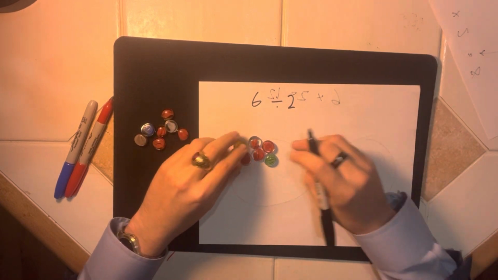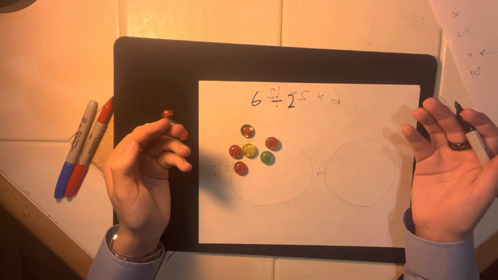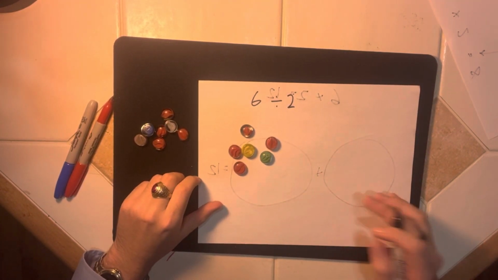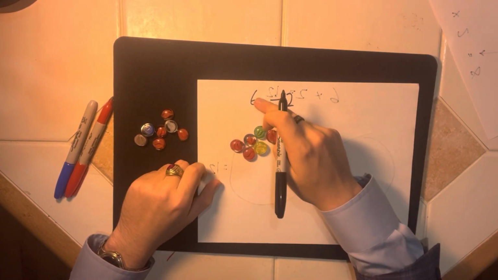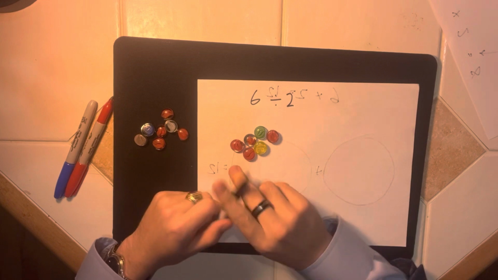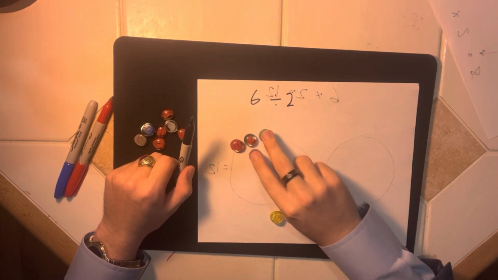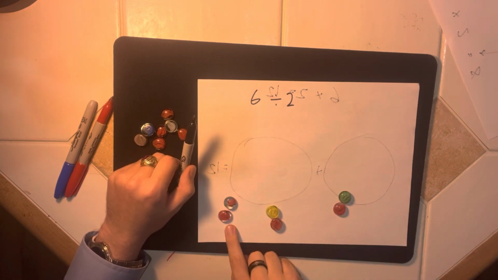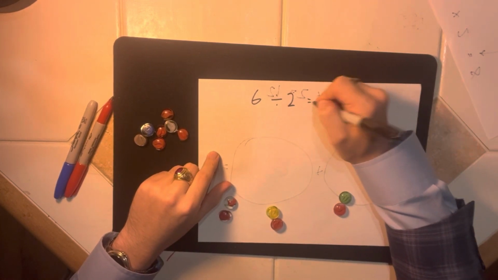Instead of having multiple groups and then multiplying together, we're basically taking apart those groups and counting the number of groups. So if we say 6 divided by 2, let's take 2 away from 6. That's 1 group. That's another group. And that's another group. We have 3 groups in total. 6 divided by 2 is equal to 3.